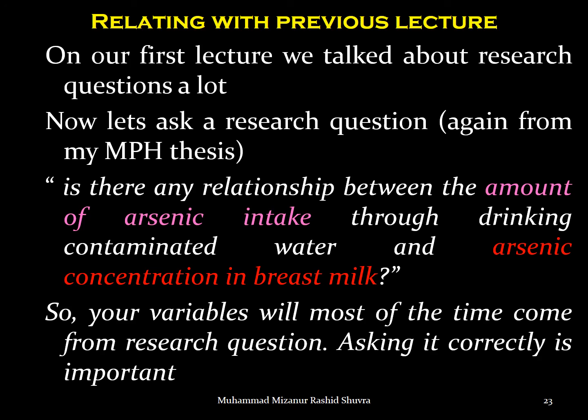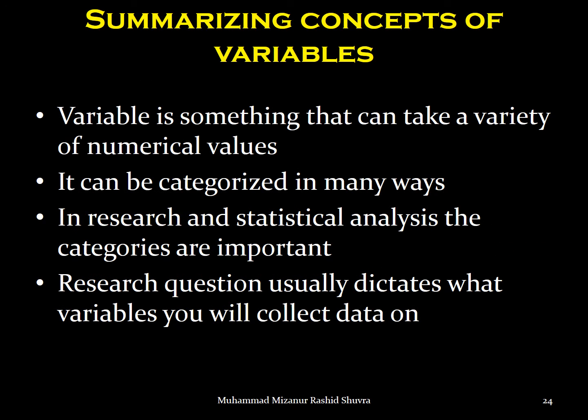Okay, now let's conclude by summarizing the concept of a variable. The most important take-home message is that a variable is something that can take a variety of numerical values, and that's why they're called variables, not a constant, which is just as it is. It can be categorized in many different ways. Basically, we've talked about two different ways.